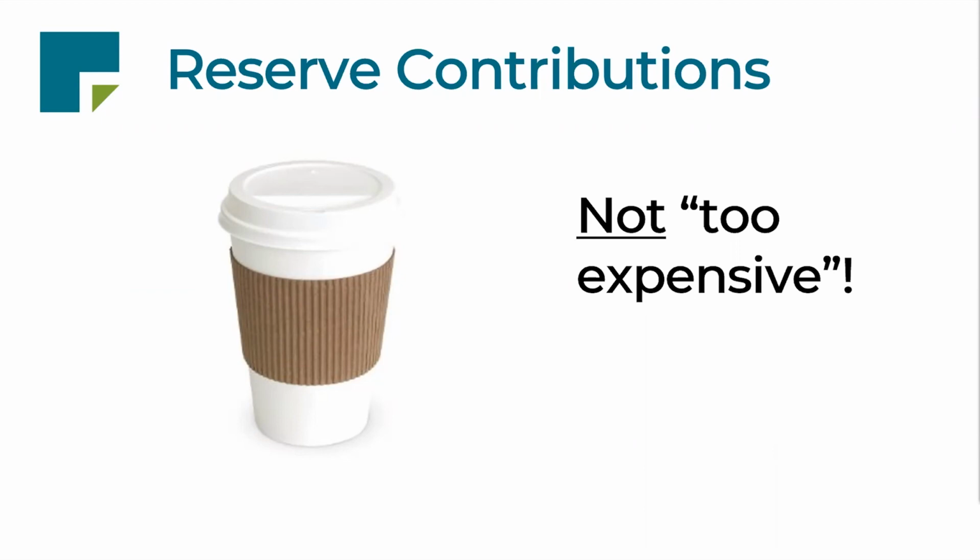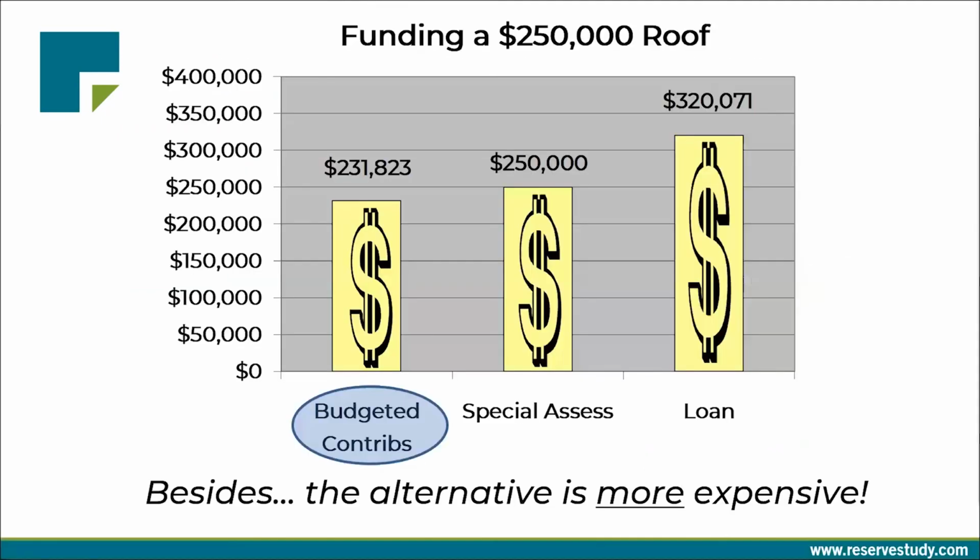With budgeted contributions, let's get to the next slide, please, Robert. With budgeted contributions, as you'll see on this slide, is an example of a $250,000 roof project. Owner contributions, factoring some compounded interest over the years you're reserving for that roof, wind up costing less than that $250,000.